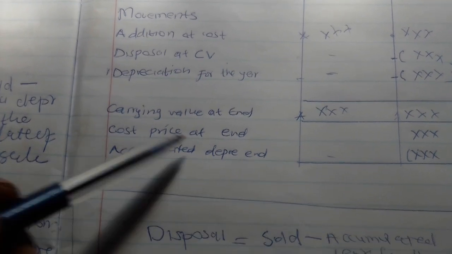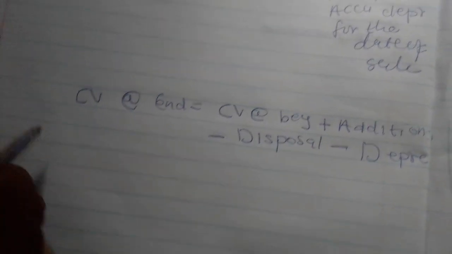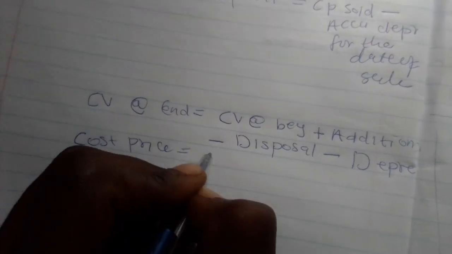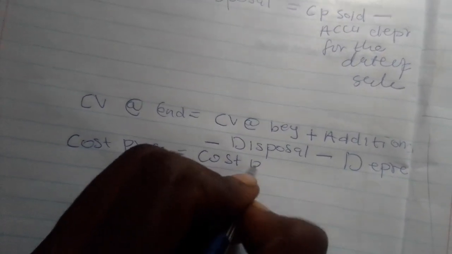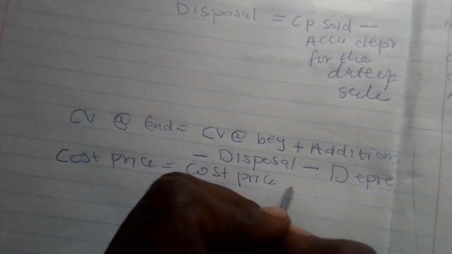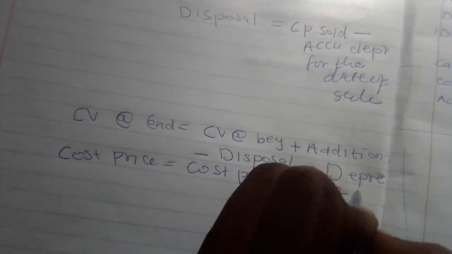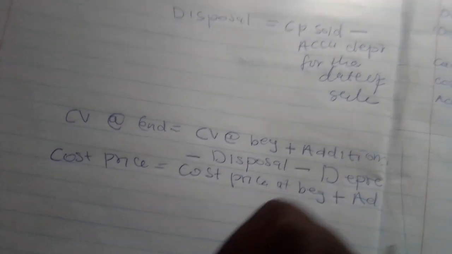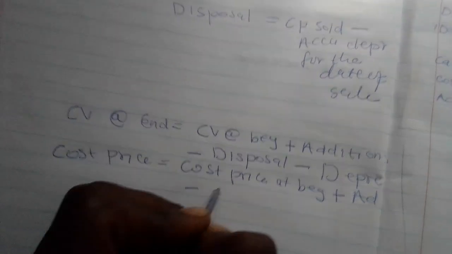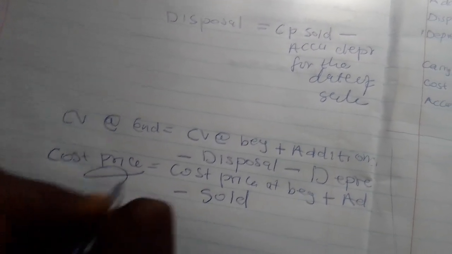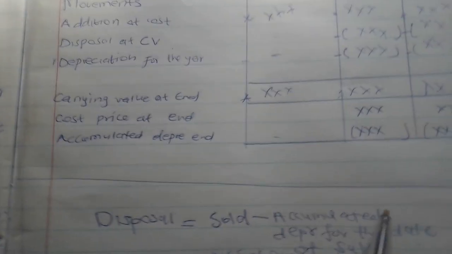And in order to get cost price at the end here, you are going to say cost price at the beginning plus additions minus the cost price of the asset sold, and it will give you the cost price at the end.